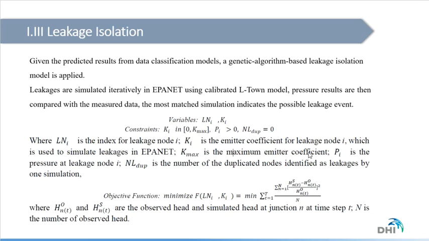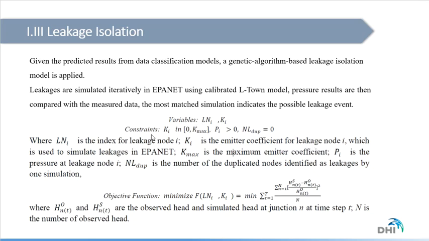Leakages are simulated iteratively in EPANET using the calibrated hydraulic model, and the pressure results will then be compared with the measured data, and the most matched simulation indicates that the possible leakage event exists. The variables here are the index of the leakage node and the emitter coefficient of this node.